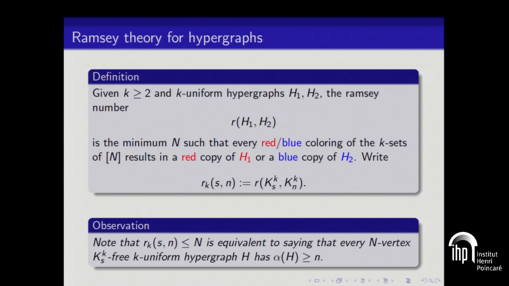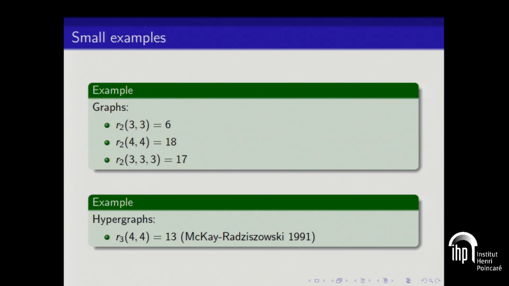Okay, so let me quickly tell you about the main problems in graphs, and that will lead us to the hypergraph case. Before I do that, there are some small examples that are known, and here I'm listing all examples that are known exactly when the size of the cliques is the same, the so-called diagonal numbers.